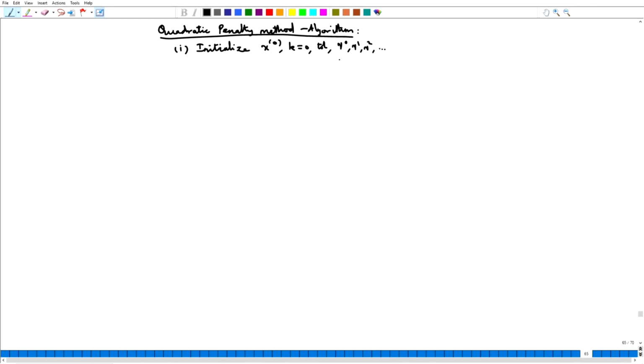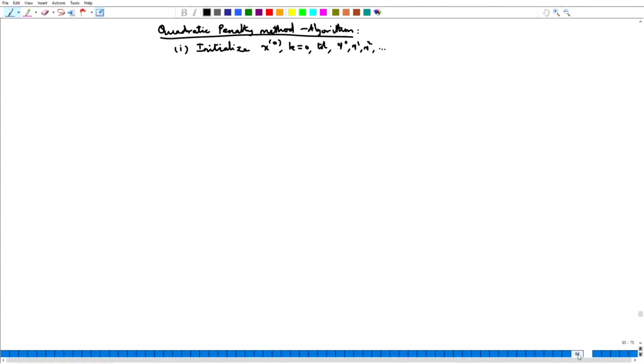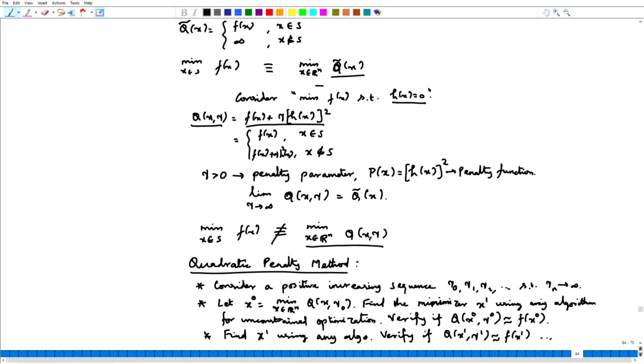This must be an increasing sequence, that means gamma 0 less than gamma 1 less than gamma 2 dot dot dot. It must be positive, gamma 0 itself must be greater than 0, and it must be tending to infinity. So, remember all those conditions that we have written here. So, this is the condition.